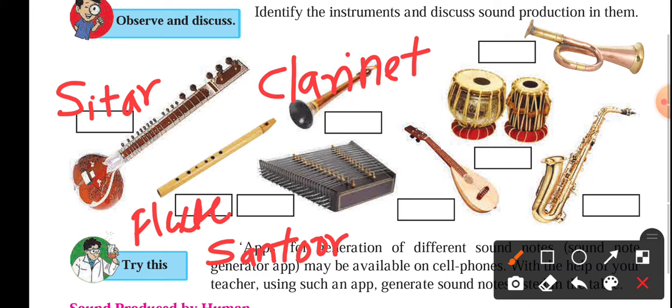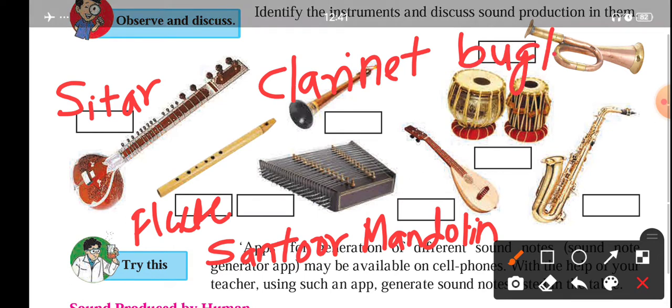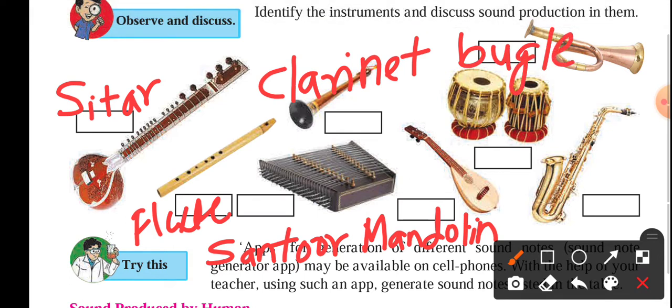Then this one is called a mandolin. This one is called the bugle. This one is called the tabla. And this one is called a saxophone.